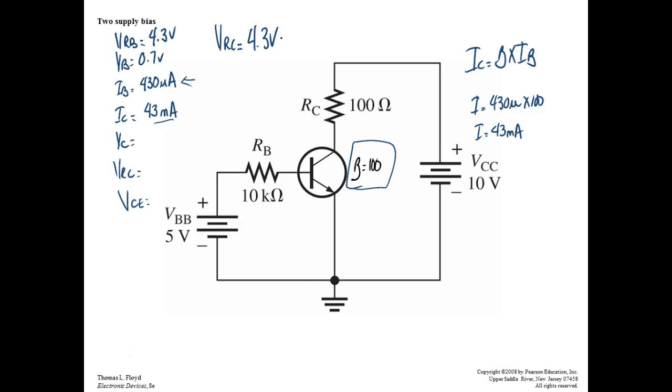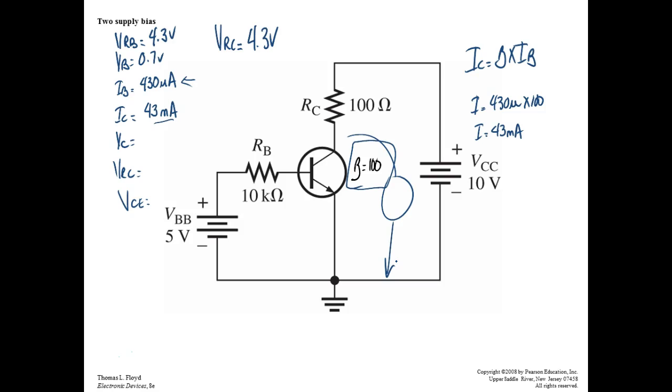So what's VC going to be? If I measure across VC, what's it going to measure? We got two elements in this loop right here, of course, with Kirchhoff's voltage law. We're not going across a p-n junction. We're going across a transistor. That is not a p-n junction.